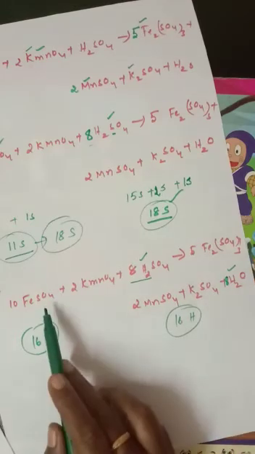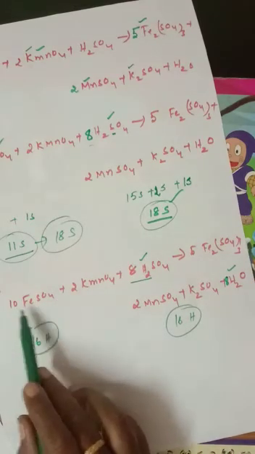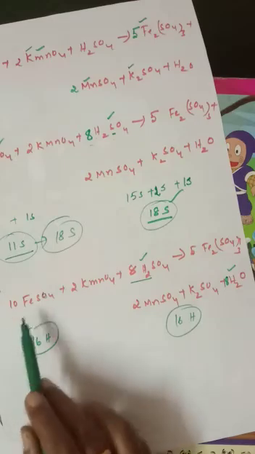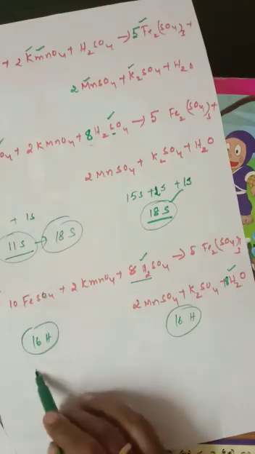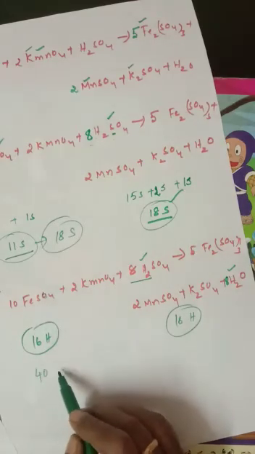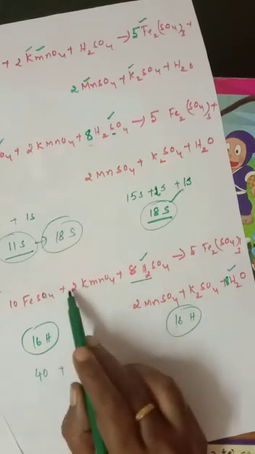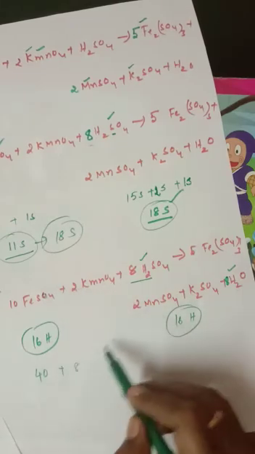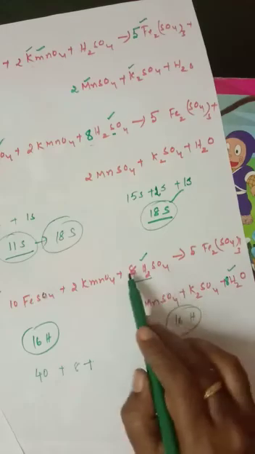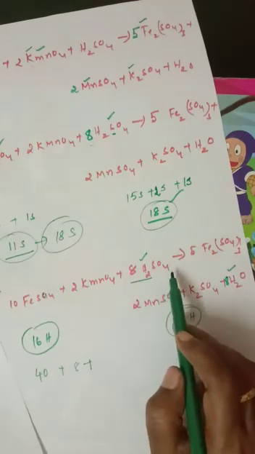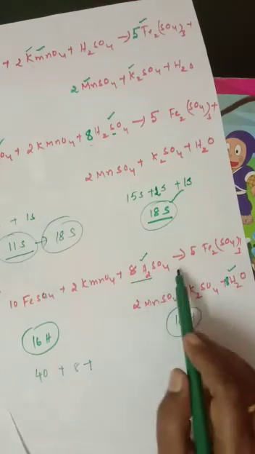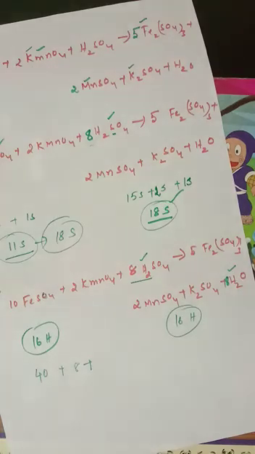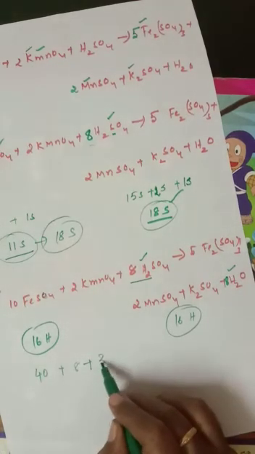Only one thing is left, oxygen. So how much oxygen is on the left side? 10 4s are 40, plus 2 4s are 8 oxygen, plus here automatically 24, so 8 4s are 32 present here.